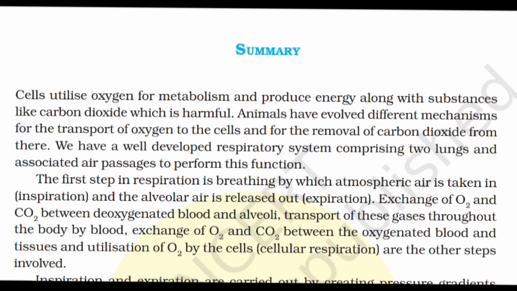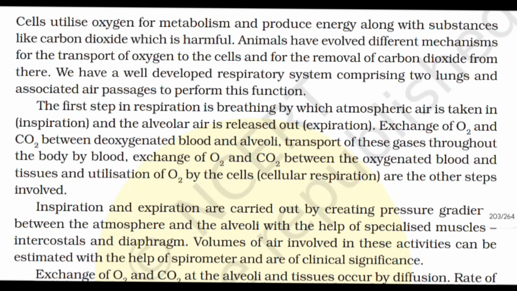The first step in respiration is breathing, by which atmospheric air is taken in, inspiration, and the alveolar air is released out, expiration. Exchange of O2 and CO2 between deoxygenated blood and alveoli, transport of these gases throughout the body by blood, exchange of O2 and CO2 between the oxygenated blood and tissues, and utilization of O2 by the cells, that is cellular respiration, are the other steps involved.